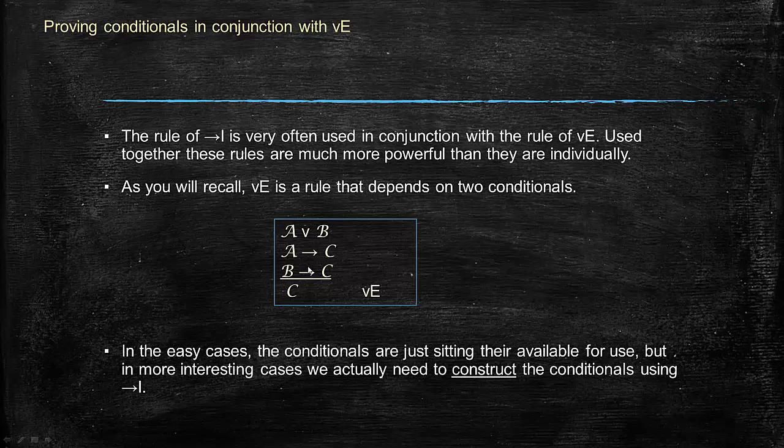In the easy cases, the conditionals are just given to us in the proof. But in the more interesting cases, we actually need to construct the conditionals using conditional introduction. So this raises the ante a little bit and puts us into a world that is exceedingly more rich in terms of what we can achieve.